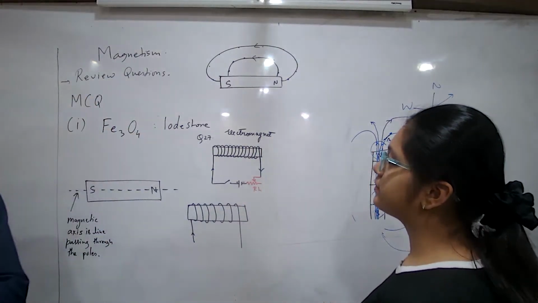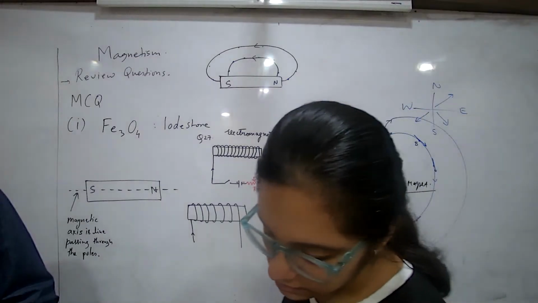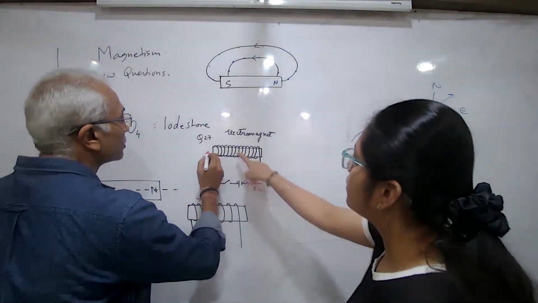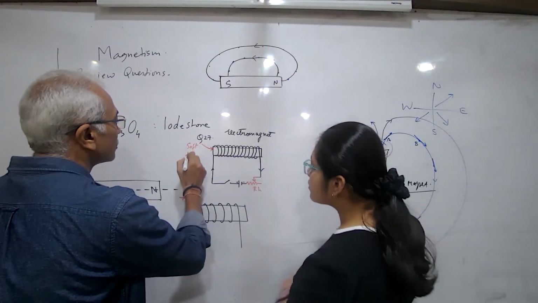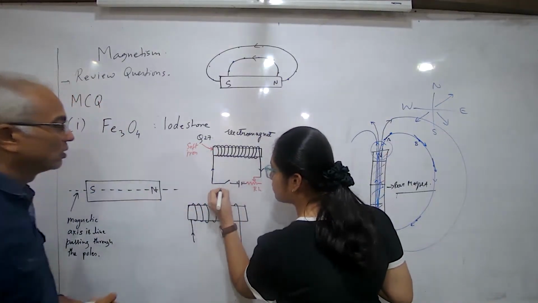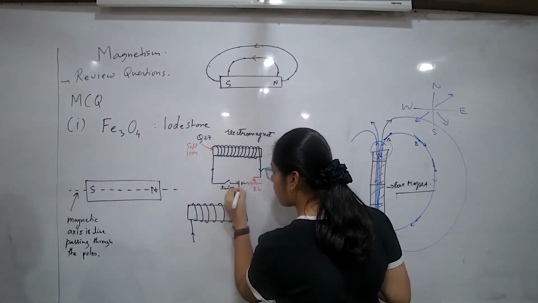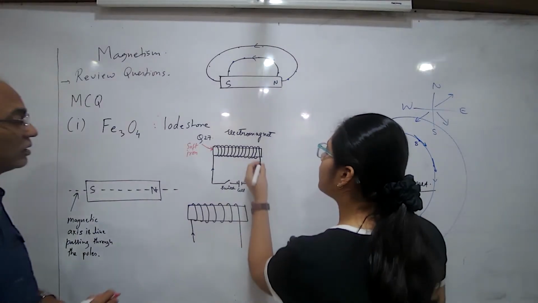So what was the question? You are required to make an electromagnet from a soft iron bar. So what is the soft iron bar here? This is the soft iron bar. Switch, okay, cell, rheostat, then current.